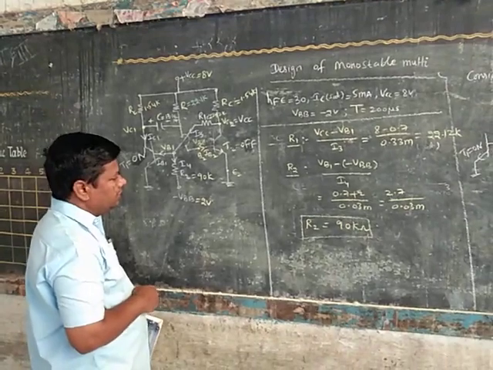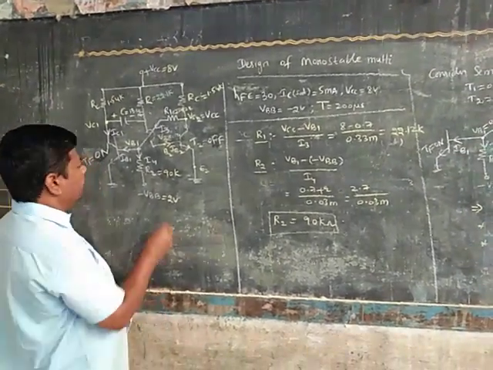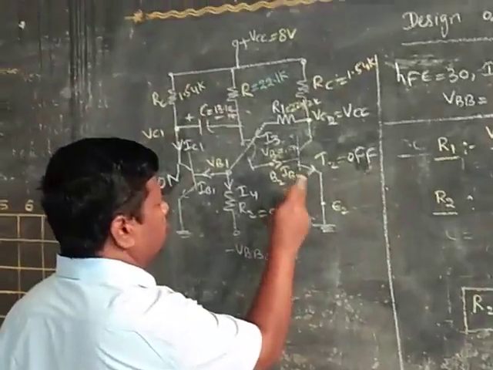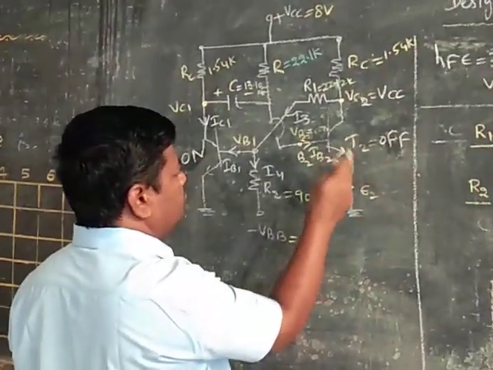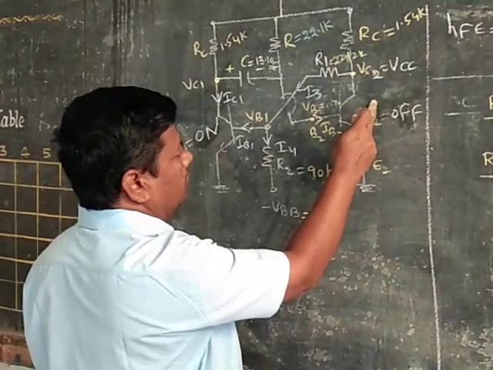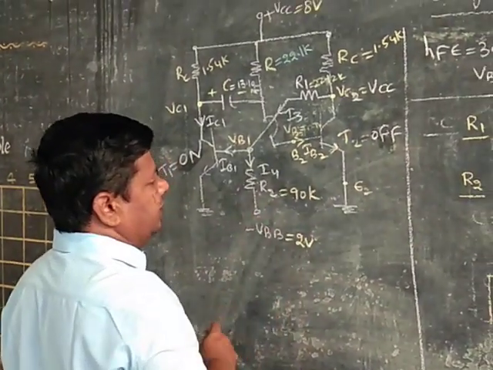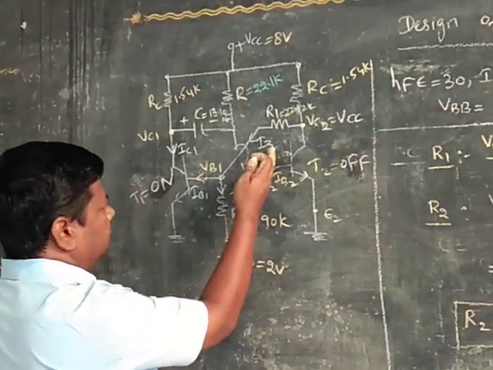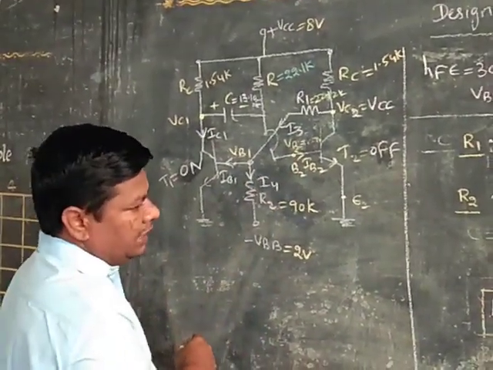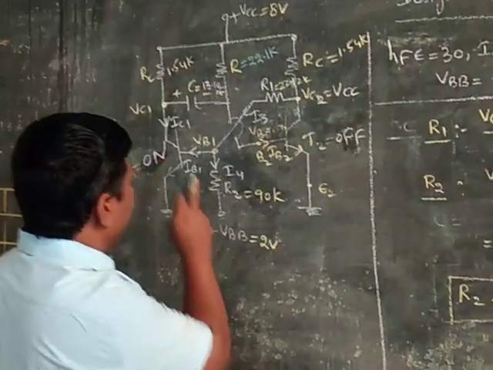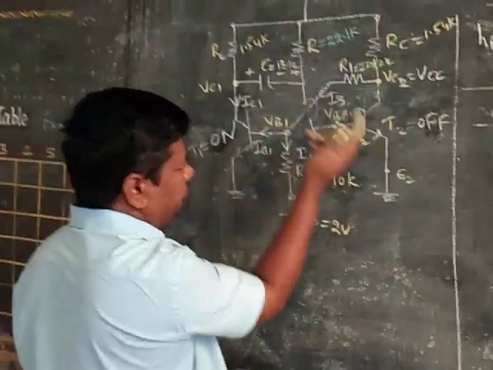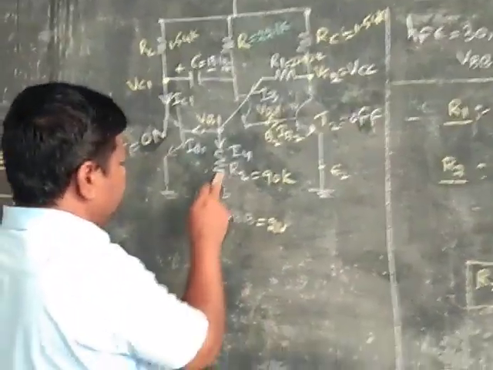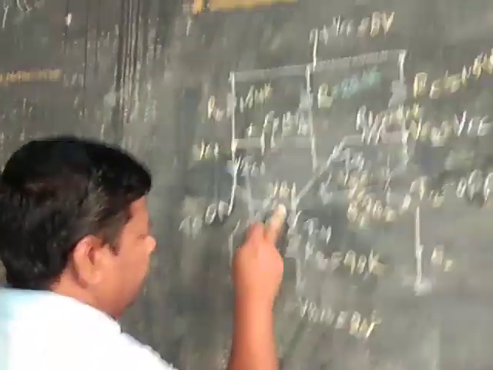And one more important assumption is that the base current IB2 is equal to 2 times IB2 minimum. IB2 minimum is equal to IC2 by HFE. And while calculating R1 and R2, the assumptions are IB1 is equal to IB2 current, and the current flowing through this branch, I4, is equal to IB1 by 10.